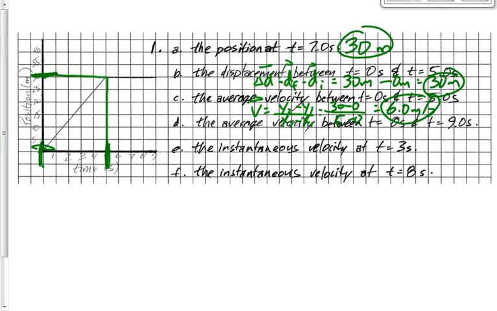The average velocity between 0 and 9 seconds. This one's a tougher one. Between 0 and 9 seconds. It's 2 lines. How do you find the average velocity when you've got 2 lines? Anybody think they have that? Who thinks they have the answer to that one? What'd you get?